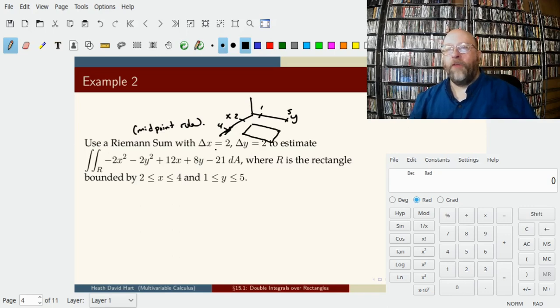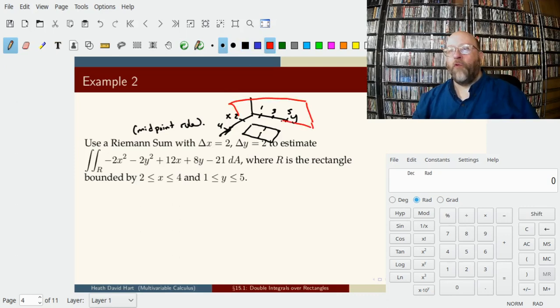And since delta x is equal to 2, that is the width from 2 to 4. We only have one subdivision in the x direction, but delta y is equal to 2, so we also have a subdivision in the y direction. So we're going to use these 2 rectangles to estimate the volume. We also have this shape here, which I can't draw. Let me use a different color for this part.